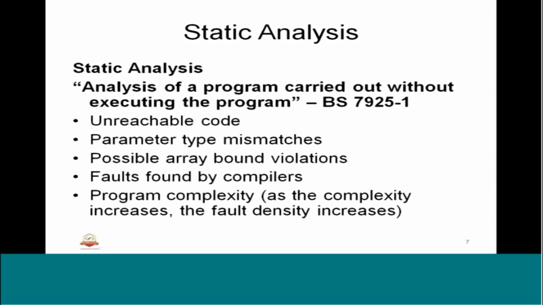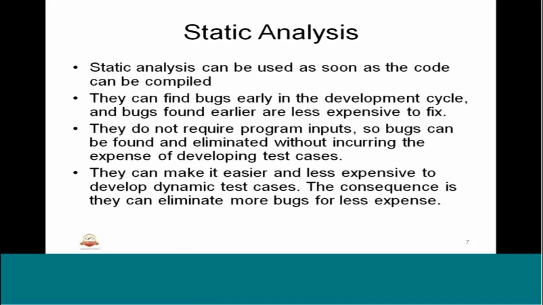Definition of static analysis: analysis of a program carried out without executing the program. That is a standard definition from the standard BS 7925-1. The various aspects of analysis we do on the program without it being executed are as below: unreachable code.